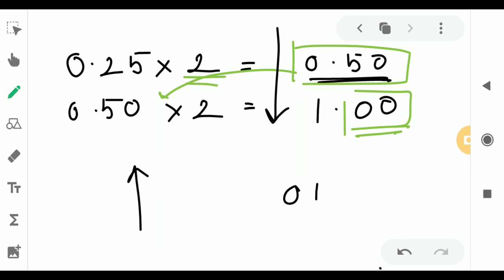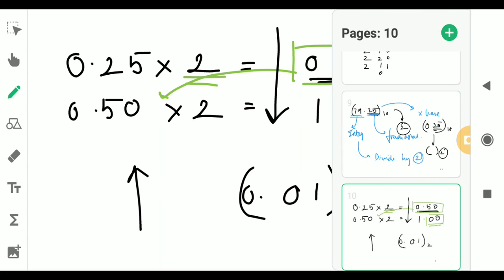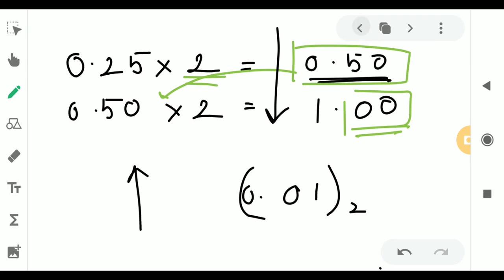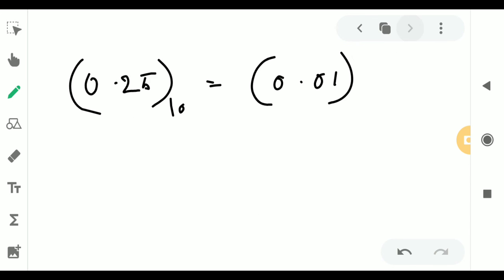So your fractional part, that is 0.25, can be written as 0, 1. Now this is in binary. So 0.25 in decimals will become 0.01 in binary.